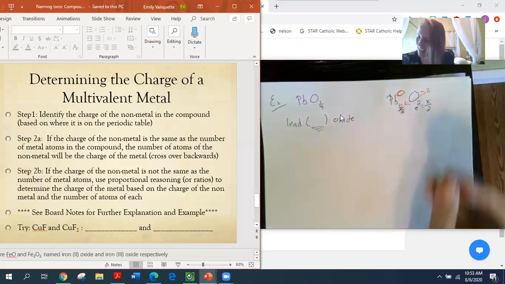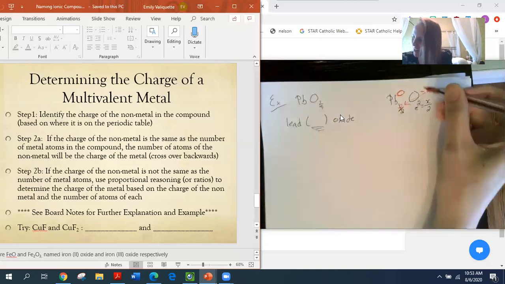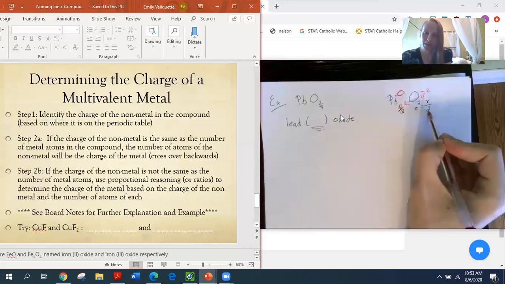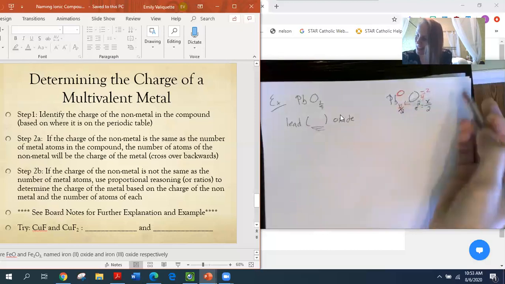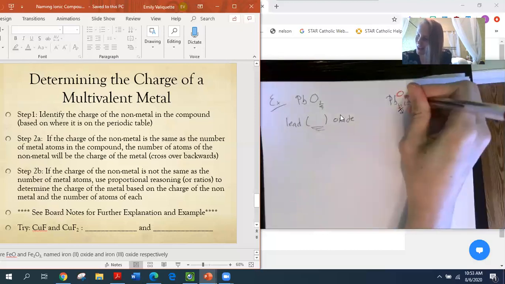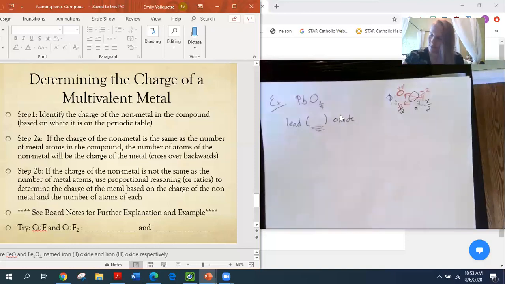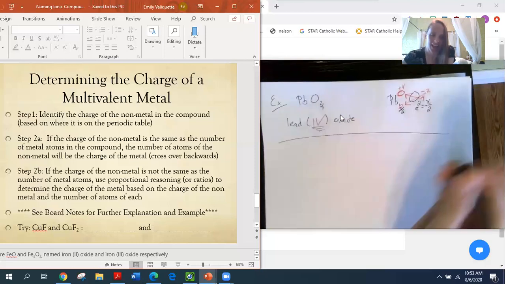And of course, the answer to that would have been 4. A 4 divided by a 2 would leave me with a 2. That means that this charge must have been a positive 4. So I write that in as Roman numerals. Let's try another example, because I know this is tricky.